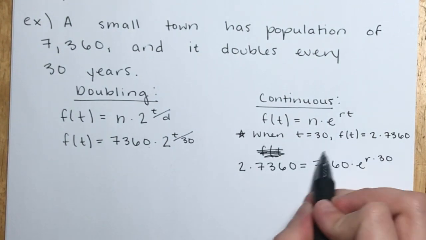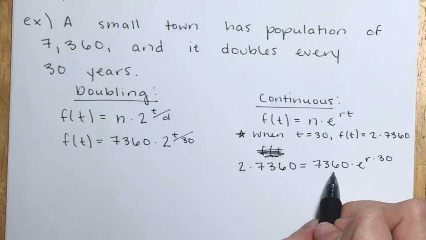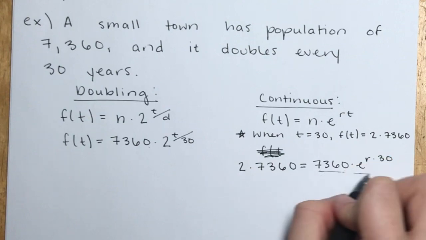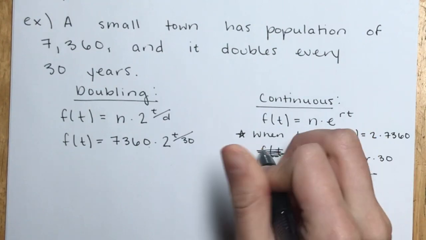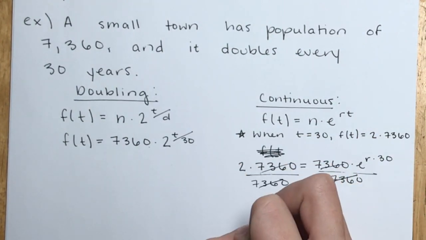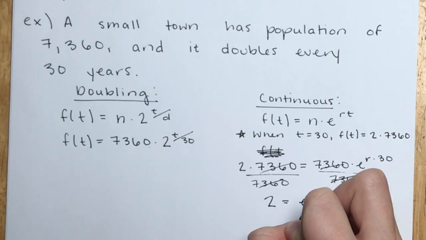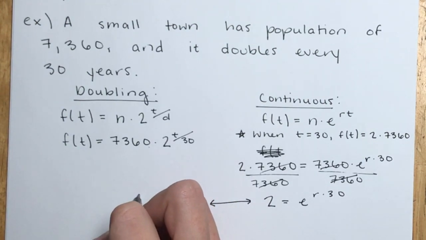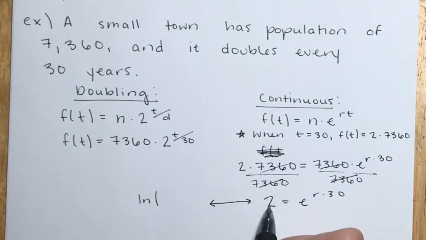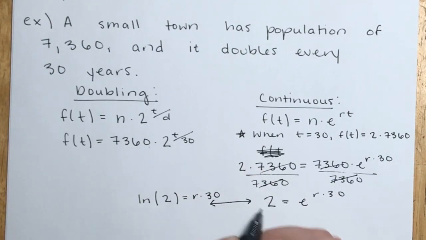So we want to divide by this coefficient. So we divide by 7,360. These cancel, these cancel. We get 2 equals e to the r times 30. We switch to log form. Base to base, we have ln. Our output becomes our input, so 2. ln of 2 is equal to r times 30.